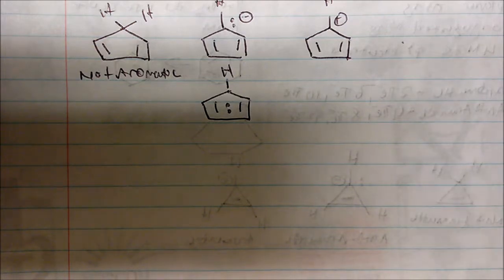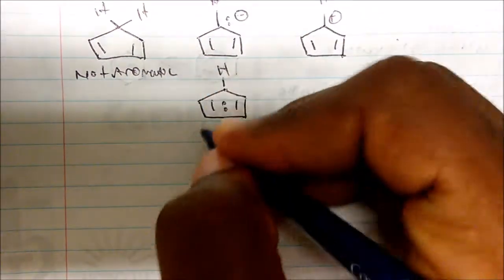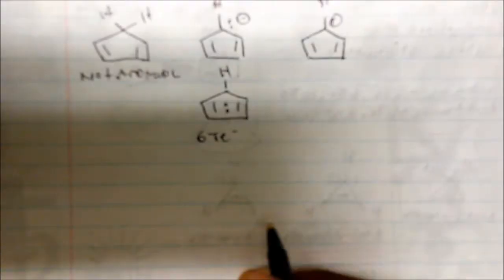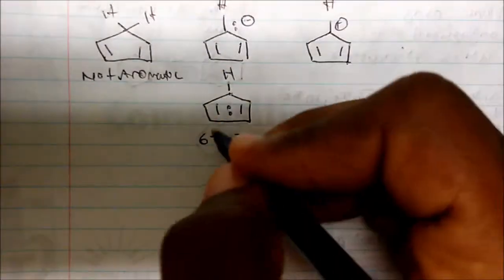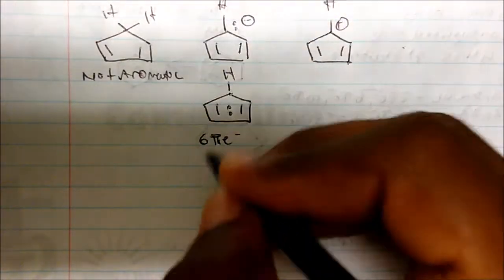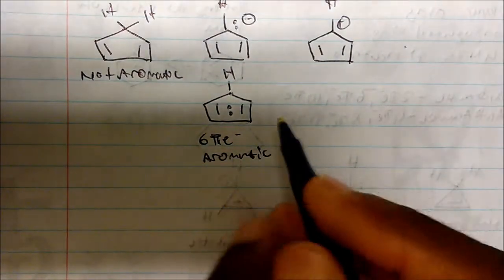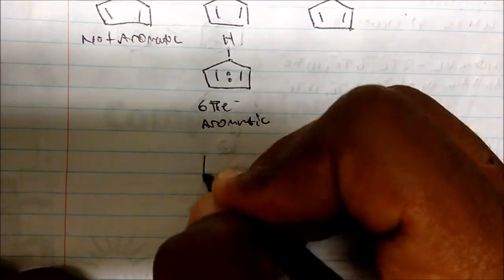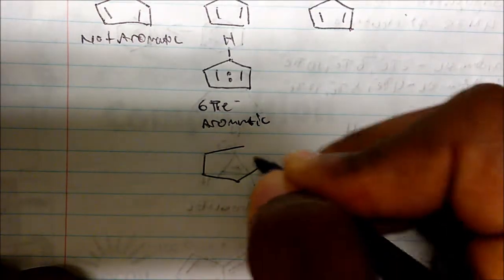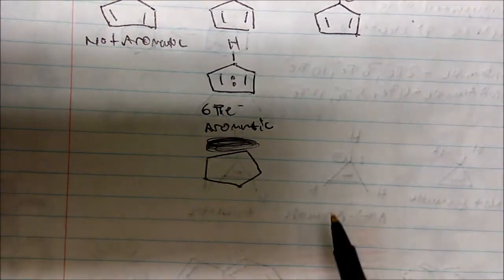I'm going to try to satisfy the rules if I can, using these lone pairs as tools. So this has 6 pi electrons. All my atoms are sp2 hybridized. It's conjugated. So this is aromatic. I'm drawing this on paper, but in reality this is flat, and it has a cloud of electron density surrounding the top.